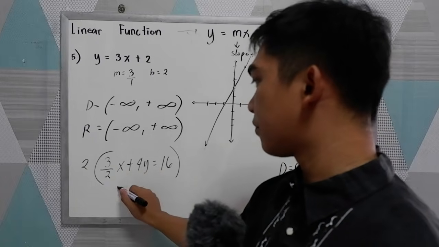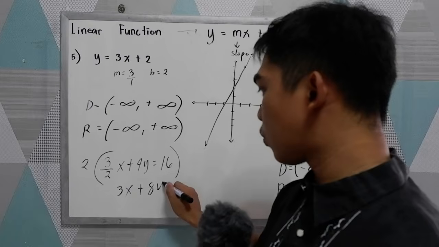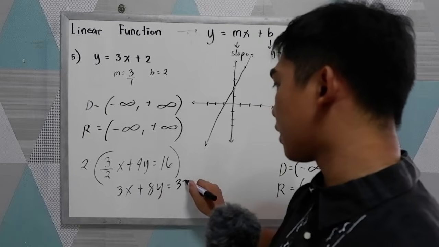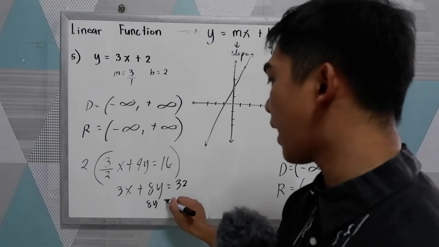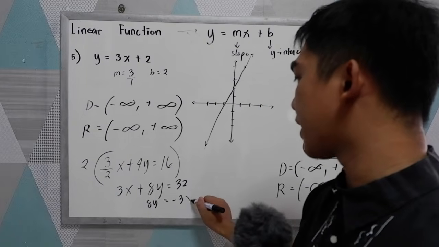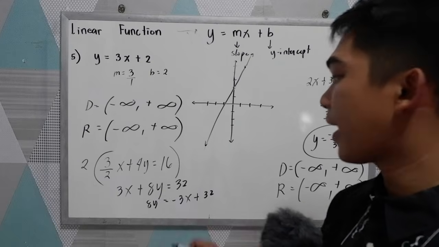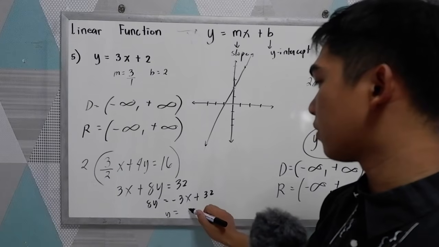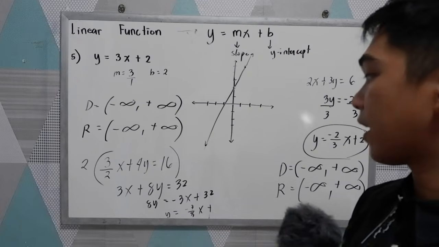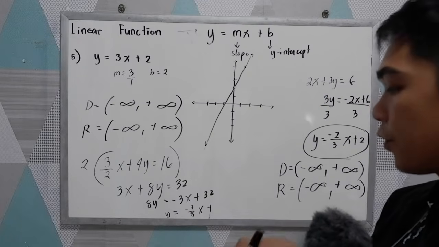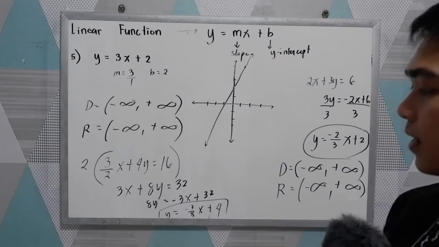That will give 3x plus 8y is equal to 32. Now we have 8y is equal to negative 3x plus 32. Divide by 8: y is equal to negative 3 over 8x plus 32 divided by 8, 8, 16, 24, 32, that is 4. So it is a polynomial, yes.